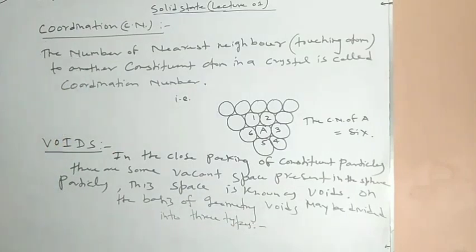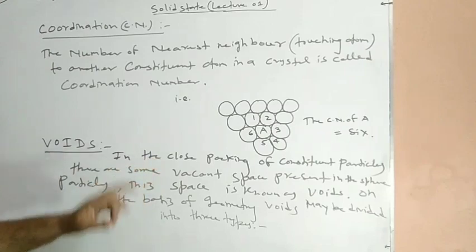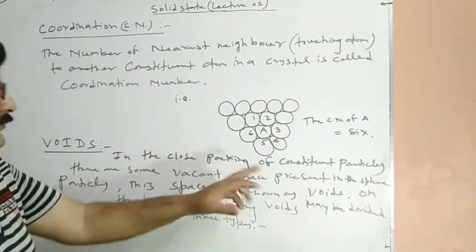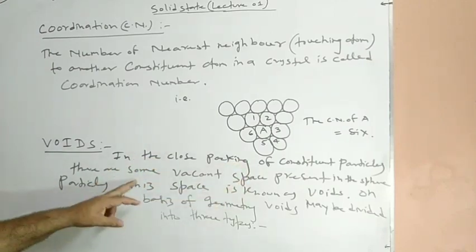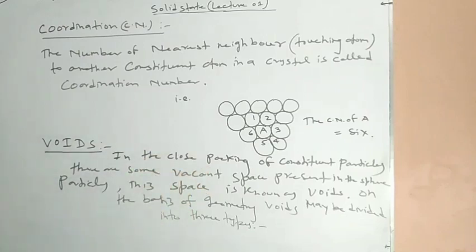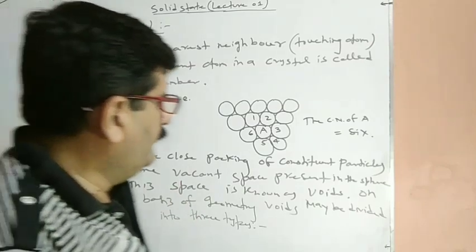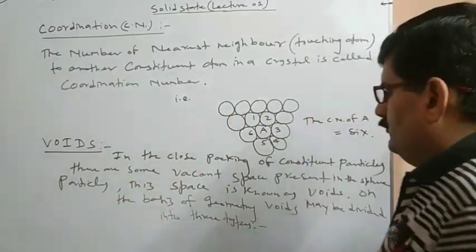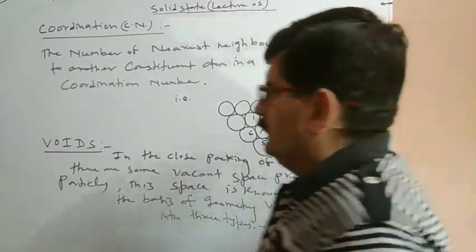So what is written here? In the close packing of constituent particles, there are some vacant spaces present between the sphere particles. This space is known as void. On the basis of geometry, voids may be divided into three types.